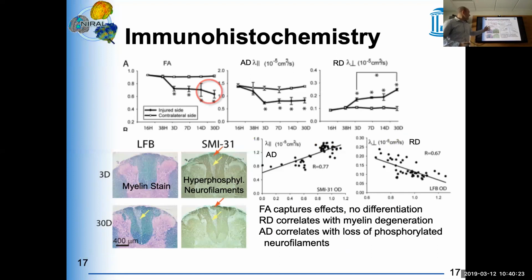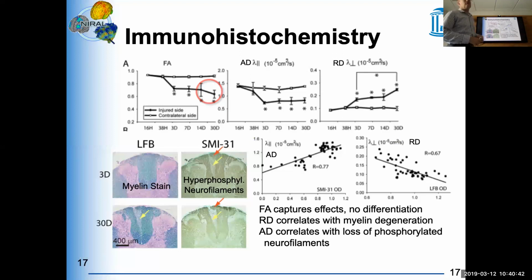So in this particular case, with this intervention, AD very much correlates with loss of neurofilaments, whereas RD more closely goes along with myelin degeneration. And the FA captures both because it's a mixture measure.